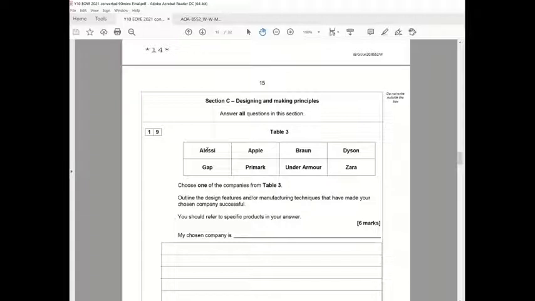The ones that I would probably go for are Alessi and Dyson. And I would do that because they use very similar manufacturing techniques. Dyson is all about colour and injection moulding. Alessi is about casting of metal, it's about injection moulding of plastic, and it's about funky kitchenware. That's the 2 which I like the best.